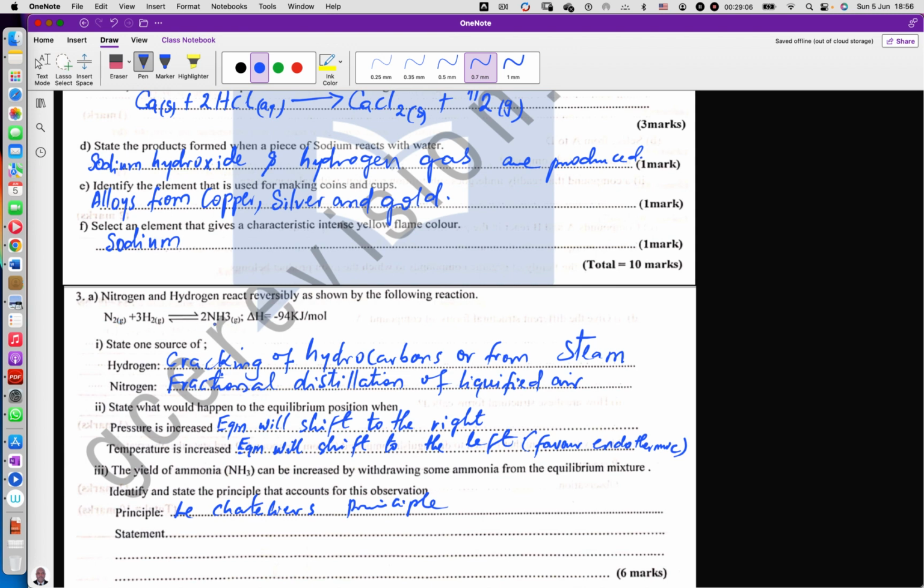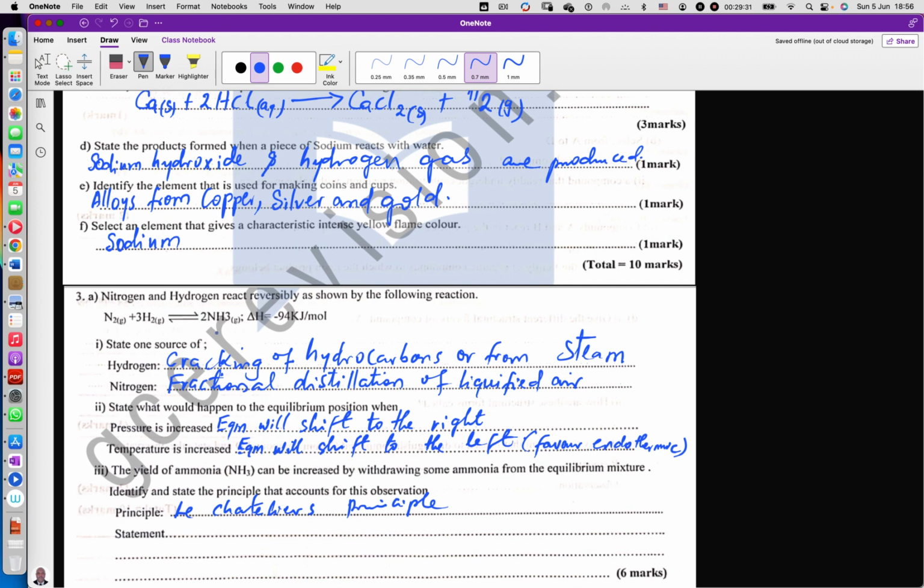We have 2 moles of gases on the right, and we have altogether 3 plus 1, 4 moles on the left. So now when the pressure is increased, what happens? Because they have said state what will happen to the position of the equilibrium.